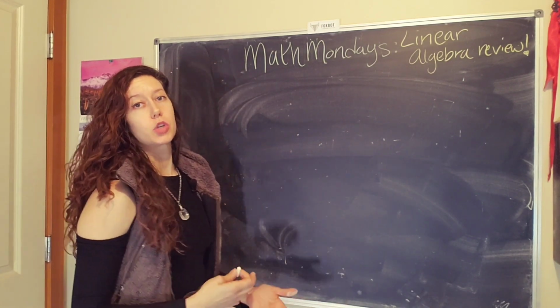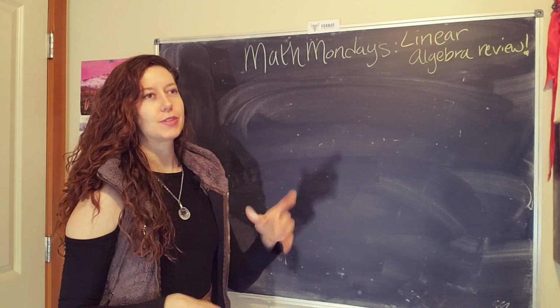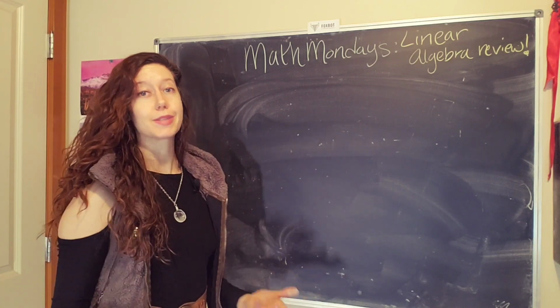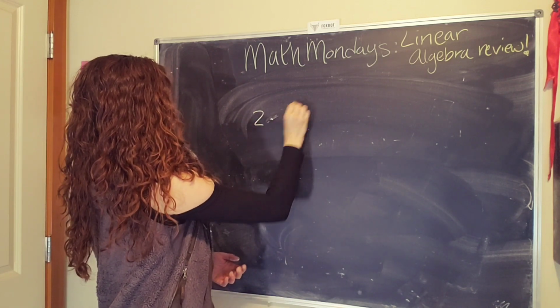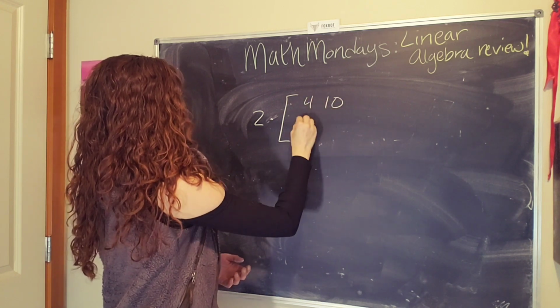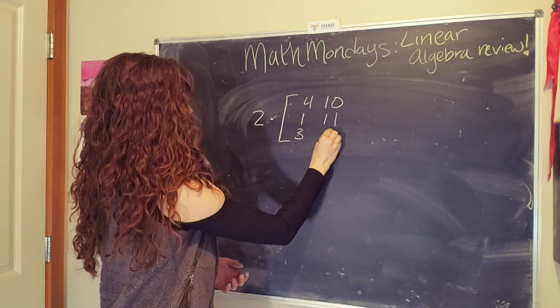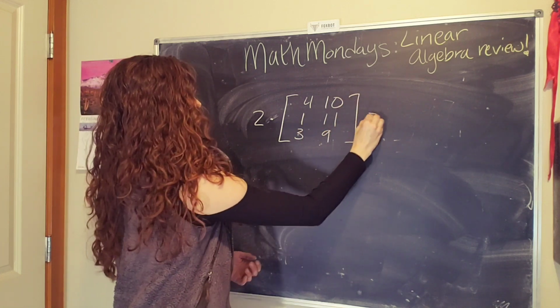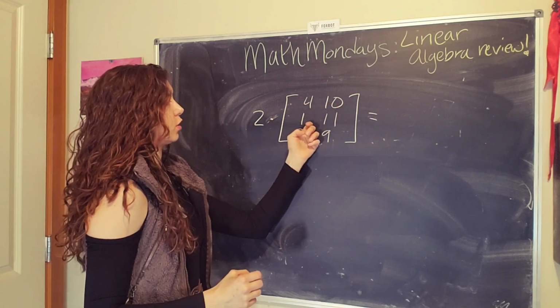Okay. Scalar multiplication is also pretty straightforward. And the benefit is that scalar multiplication works for any size matrix. So let's say we have 2 times the matrix 4, 10, 1, 11, 3, 9. We just multiply the scalar by each element in our matrix.